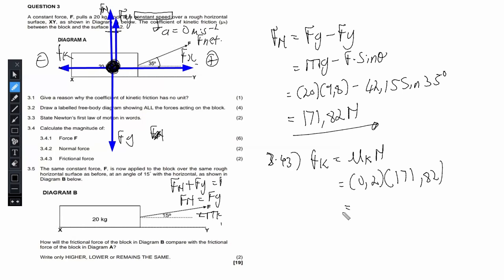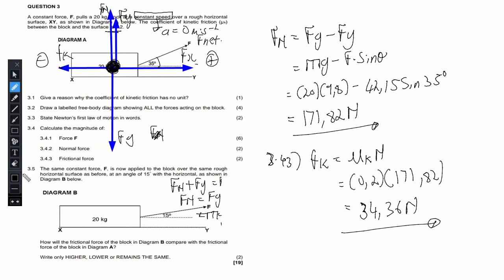If you multiply 0.2 by 171.82, this is going to give me 34.36 newtons. Okay, and that's it. So, we have 3.5.